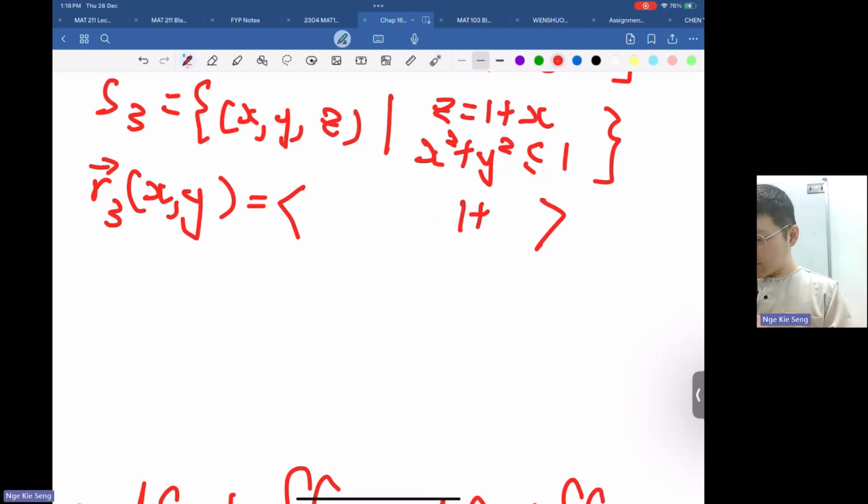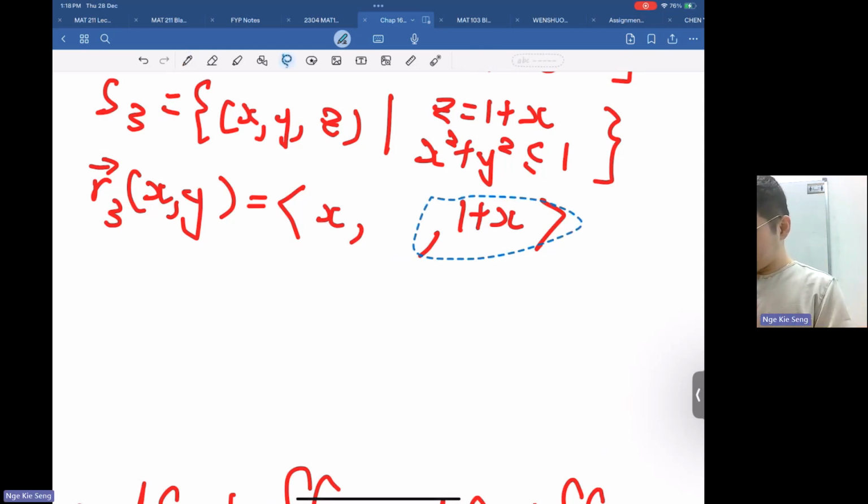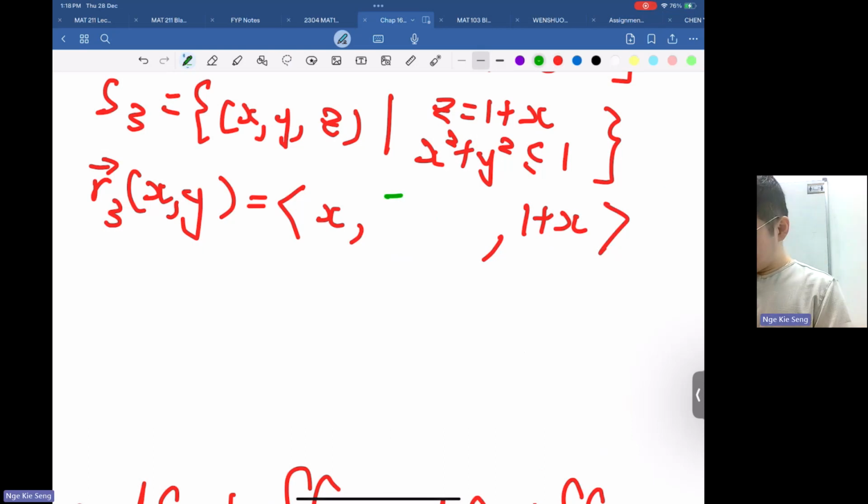So if I let z equal 1 plus x, surely I have x on the x part. How about y? You want to put square root of 1 minus x squared.